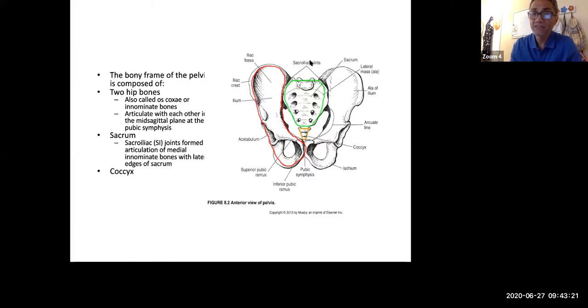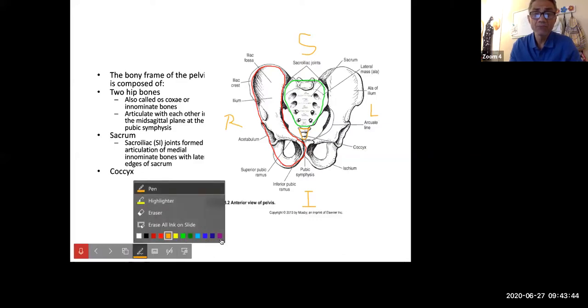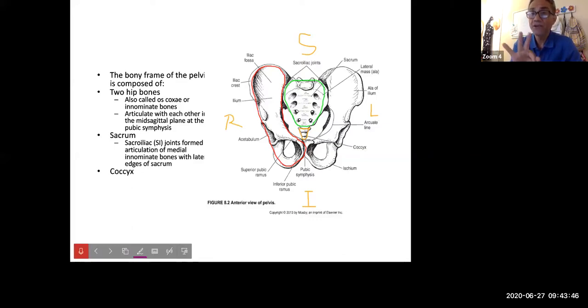To understand this image better, the top part is superior and the bottom is inferior, and you are looking at a mirror image, right and left. Make sense?